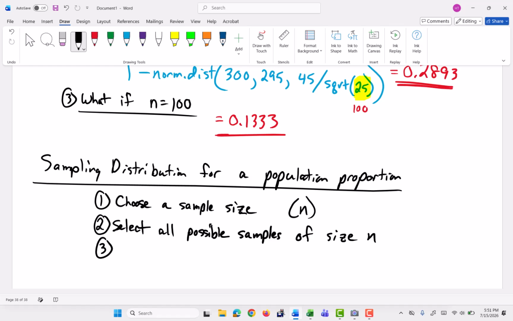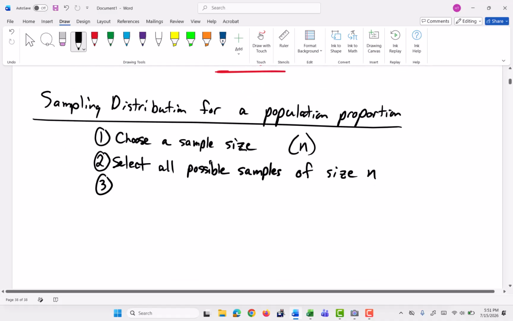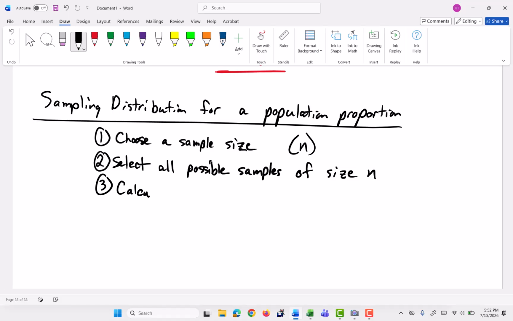So we're calculating not a mean or a median, we're calculating a proportion. How many of the items in that sample have the desired characteristic divided by the total size of the sample. So we calculate each sample proportion. And the sample proportions now are the elements of the sampling distribution.